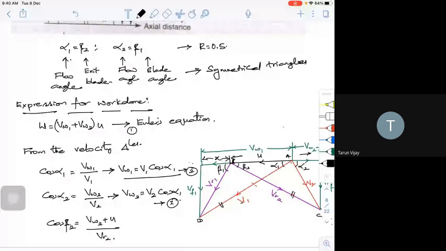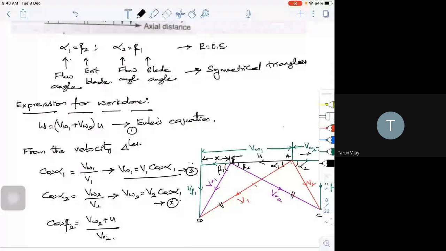Now, from the velocity triangles, both at the inlet and exit, what is cos alpha 1? It is VW1 divided by V1, so VW1 is equal to V1 cos alpha 1. What is cos alpha 2? It is VW2 by V2, so VW2 is equal to V2 cos alpha 2.